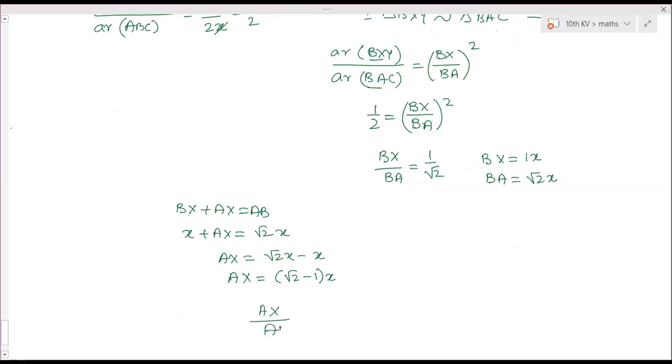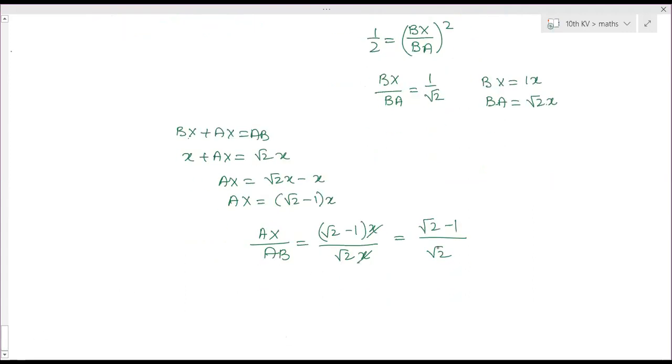So AX by AB ratio now. Calculate. What is AX? Root 2 minus 1 into x. What is AB? BA is root 2x. So this x and this x get cancelled. So the ratio is root 2 minus 1 by root 2.